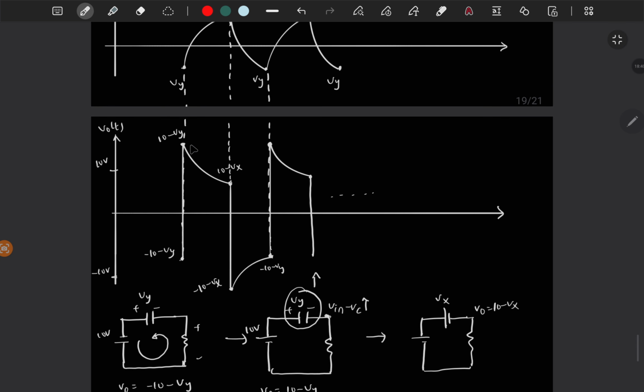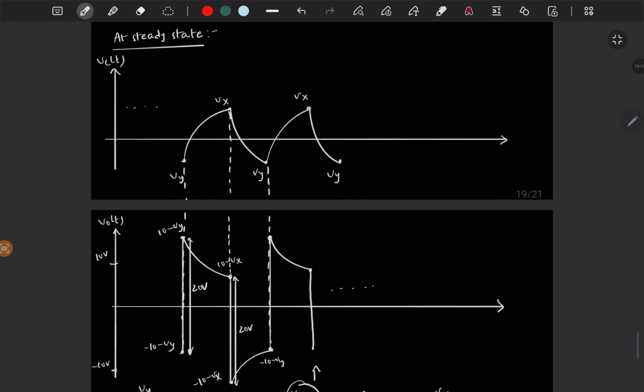So if you see here, what is this magnitude? This is 10 minus Vy minus of minus 10 minus Vy, which is nothing but 20 volt. And here also if you see, 10 minus Vx minus of minus 10 minus Vx, which is nothing but 20 volt. So what is this 20 volt?